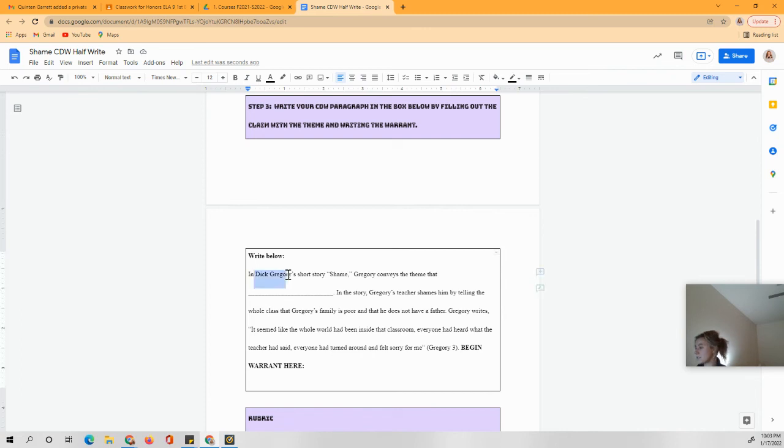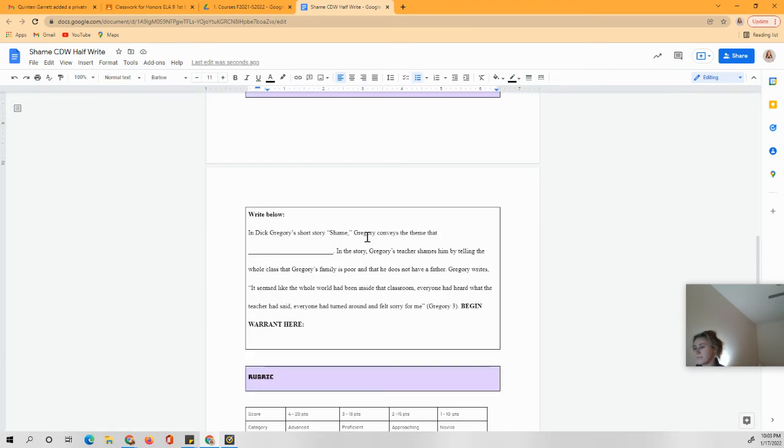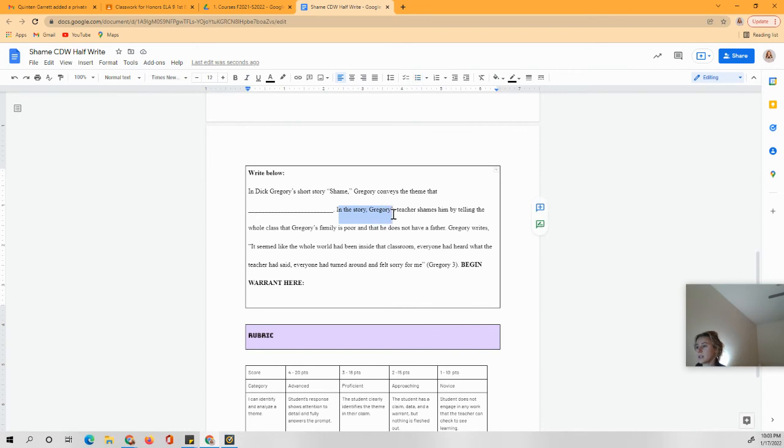So I have my introductory prepositional phrase and I have a whole tag. Gregory conveys the theme that blank. You're going to delete this in your own copy and write one of these themes from up above. In the story, Gregory's teacher shames him by telling the whole class that Gregory's family is poor and that he does not have a father.